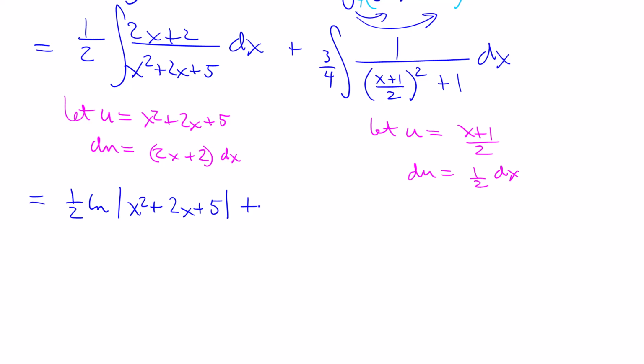We'll put our constant at the very end, right? You could do a constant with each of these or just combine that as one big constant of integration at the end. And then plus, now moving on to this next term, we did all this work to get this to be an arctangent, so let's use that.